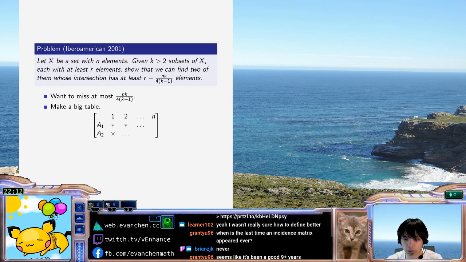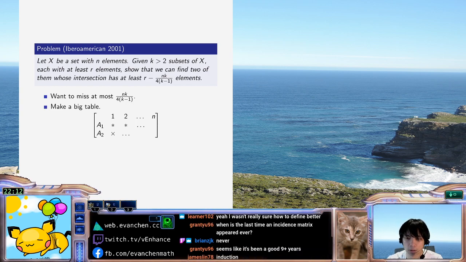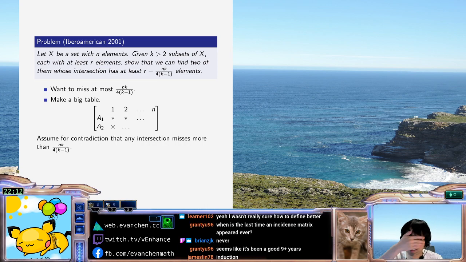So assume for contradiction that any intersection misses more than nk over 4k minus 1. If I put the X's this way, it's very clunky.